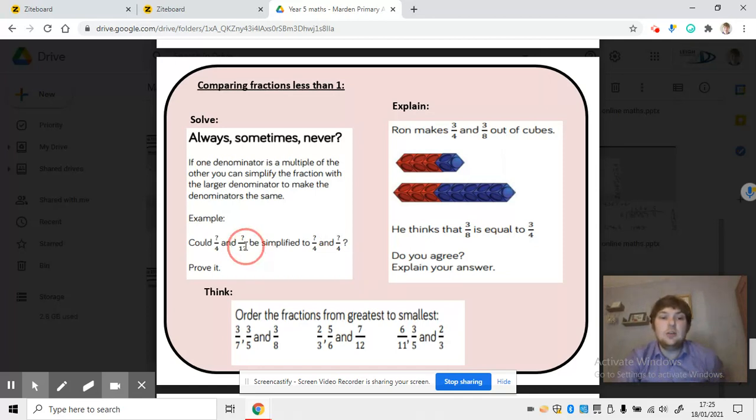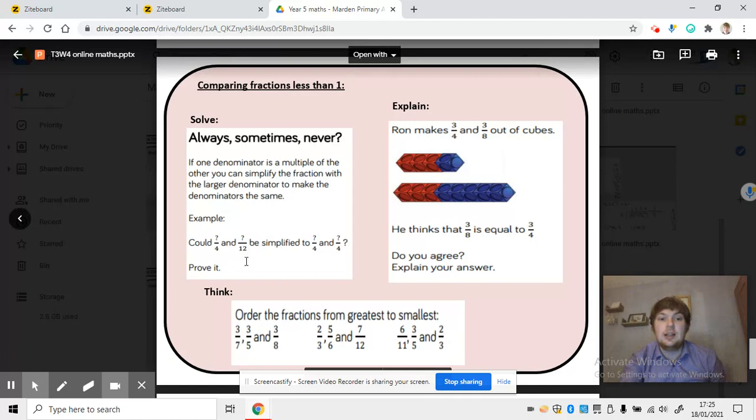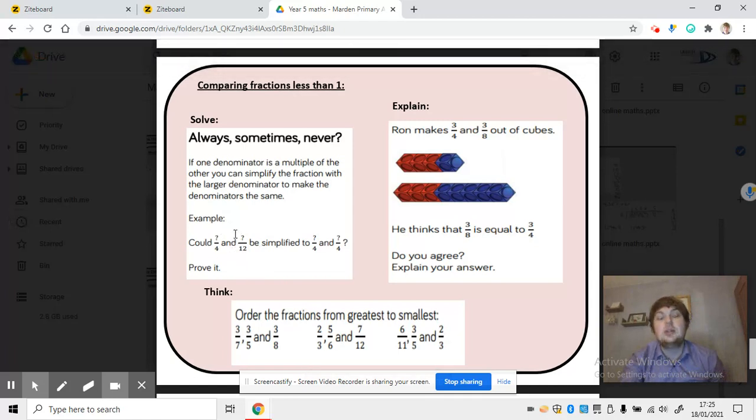So instead of us making this quarters into 12s, we've made the 12s into quarters. So it's saying, is that doable? Can you actually simplify the larger fraction, or the, not necessarily large fraction with the larger denominator? Okay, so doing the opposite of what we've done. I'm leaving that very open-ended before now, because obviously that is something we will look at 10 o'clock.